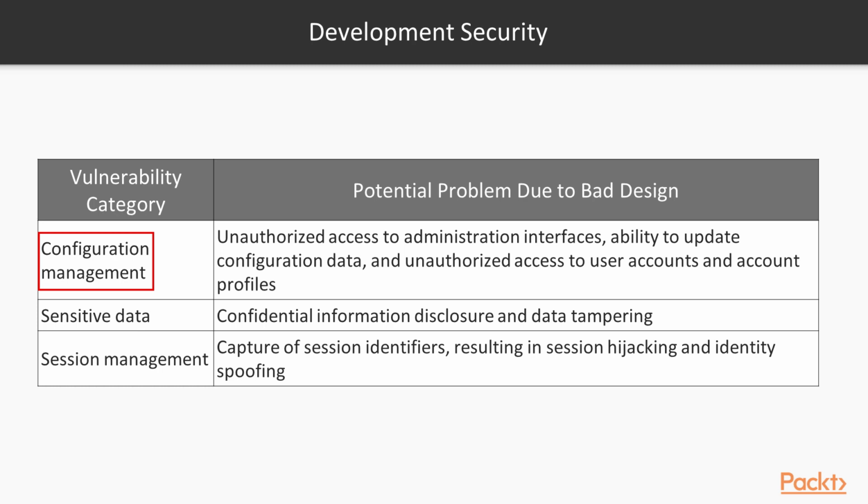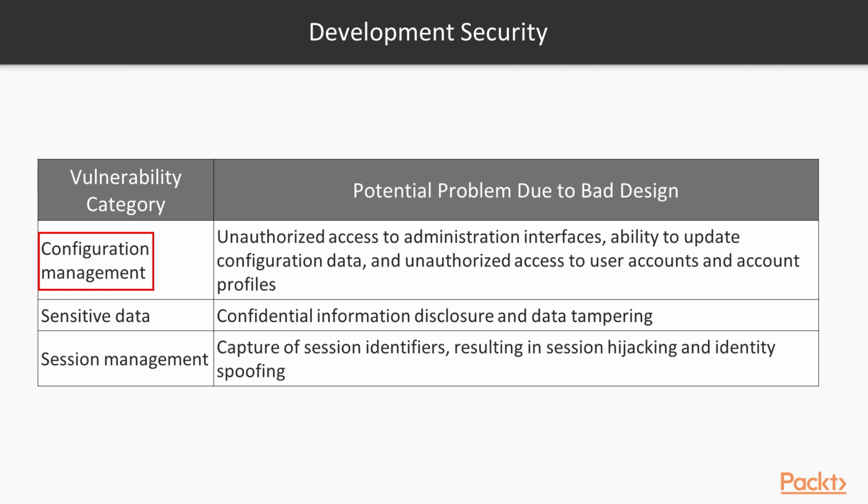Configuration management. As you can see on the screen, it is very important to make sure we have enough access controls on the system so that unauthorized users cannot gain control or get access to what they don't need. For example, the administration interface has to be only accessible to authorized users.